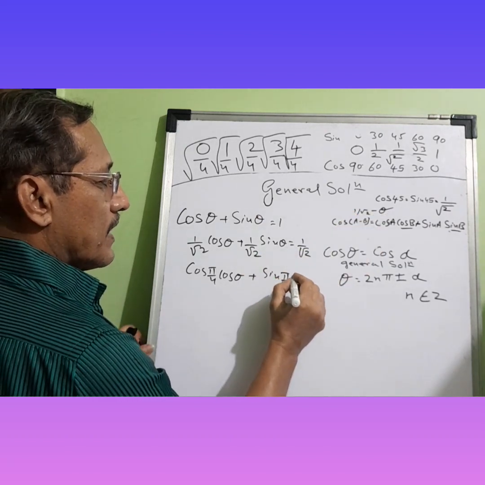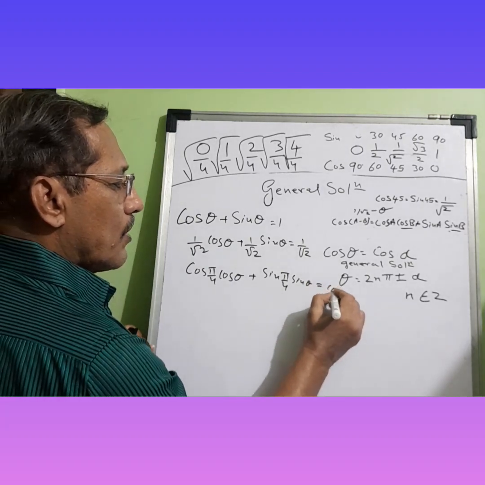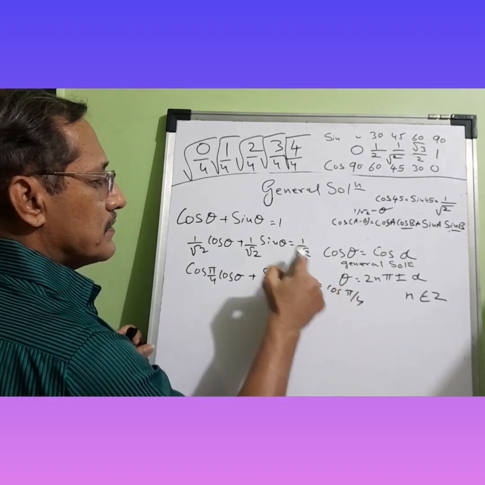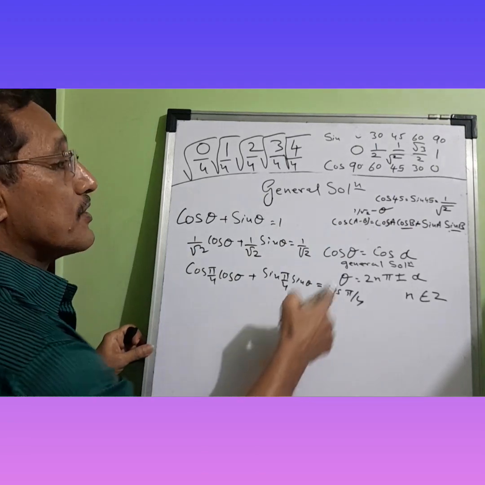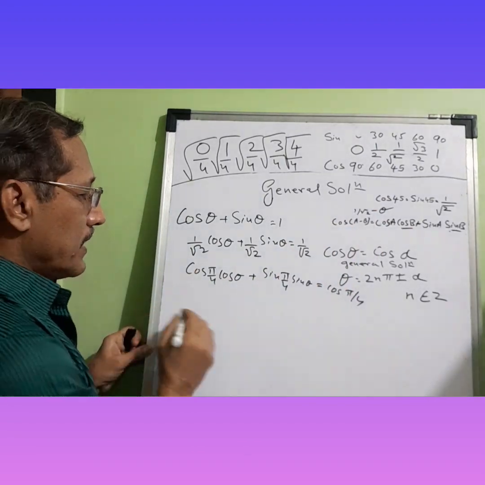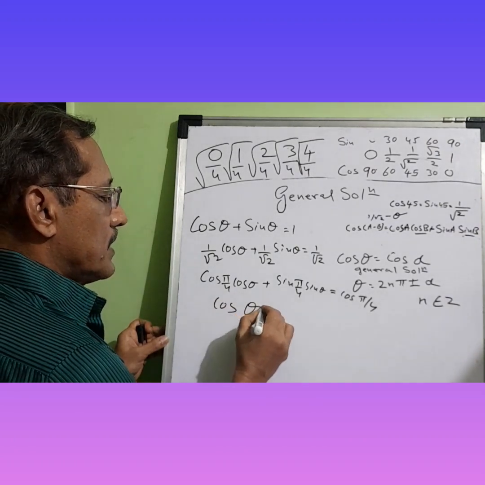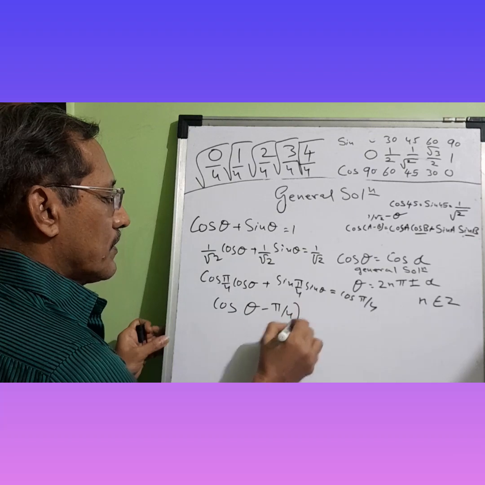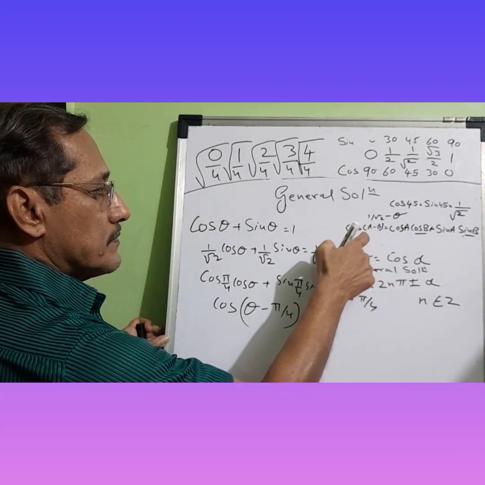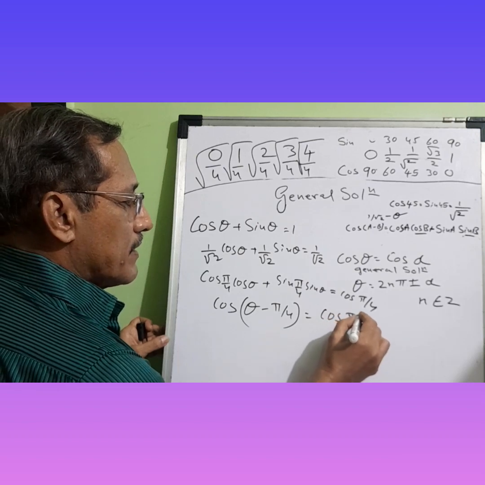Why? Because I'm going to get the formula for cos. So this part we can write as cos of theta minus pi by 4, which is also equal to cos pi by 4.